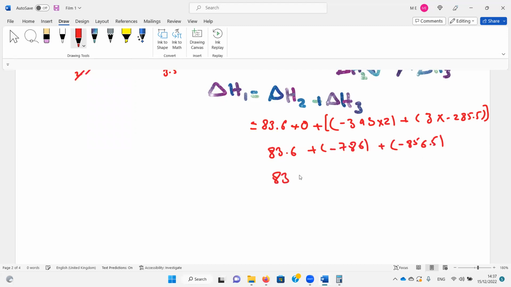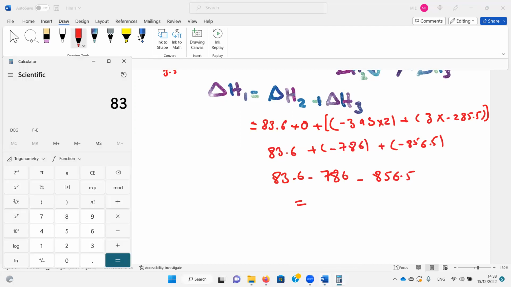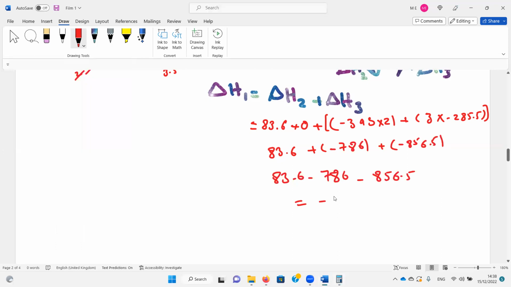And that is 83.6 minus 786 minus 856.5. So the total answer would be 83.6 minus 786 minus 856.5 equals minus 1,559 kilojoules per mole. Okay.